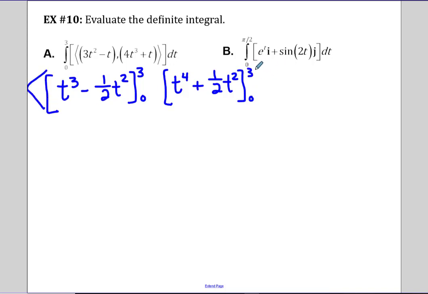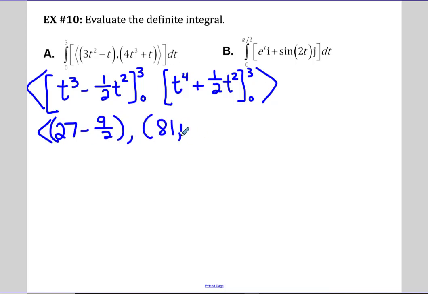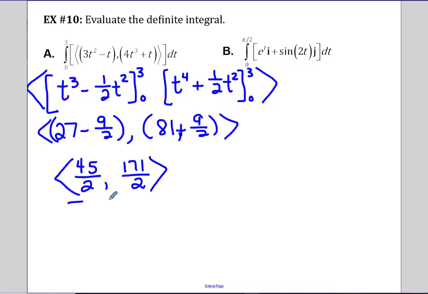So this vector gives us 27 minus 9/2 for the x component, and 81 plus 9/2 for the y component. So 45/2 and 171/2 for our definite integral.